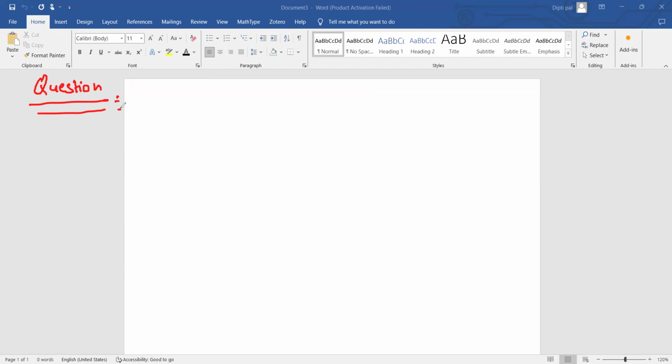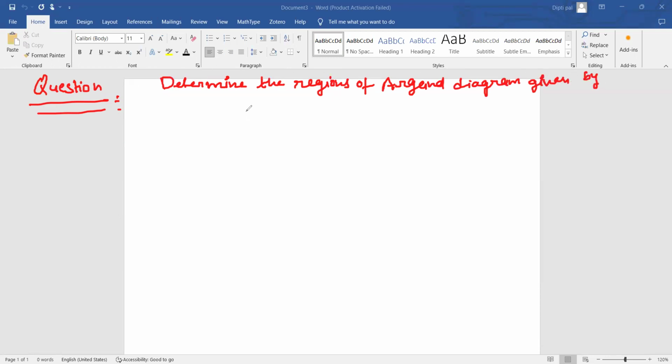Determine the region of the Argand diagram given by modulus of Z square minus Z less than 1.